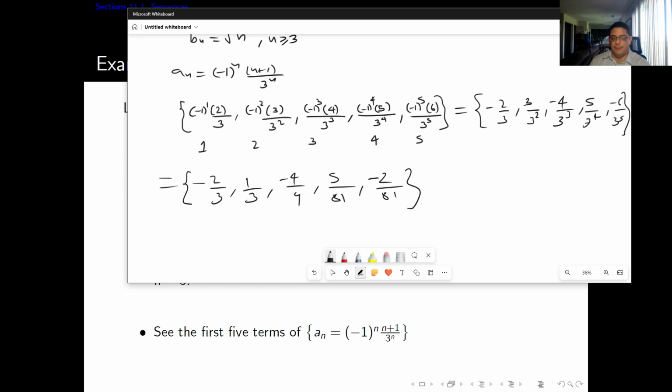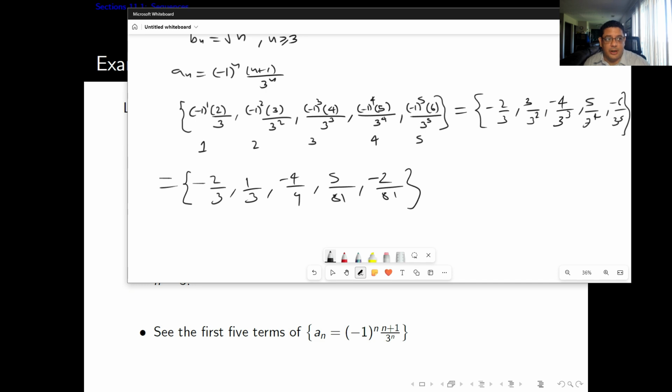So by simplifying a bit, if I receive this one, it might be kind of difficult to get back to the original n-th term. So sometimes getting the pattern is trickier than stating the first 5 terms of a given sequence.